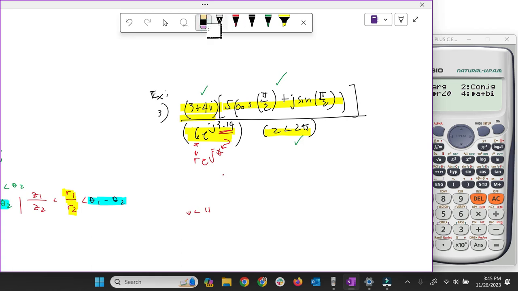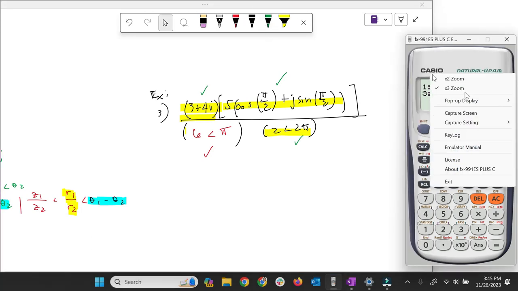Okay, so with that, no, palitan ko na siya ha. This will be now 6 angle pi. Next step, no, so since na-identify mo na lahat, napalitan mo na ang kailangan palitan, you have to determine kung anong mode ang gagamitin mo sa calculator mo.